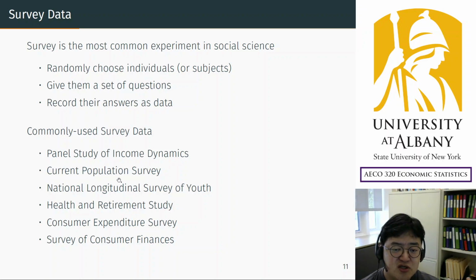And Current Population Survey. This is kind of a smaller version of census. And National Longitudinal Survey of Youth. To understand the growth of children, there is survey data. And Health and Retirement Survey, as you can see, about health and retirement. Consumer Expenditure Survey. And Survey of Consumer Finances.